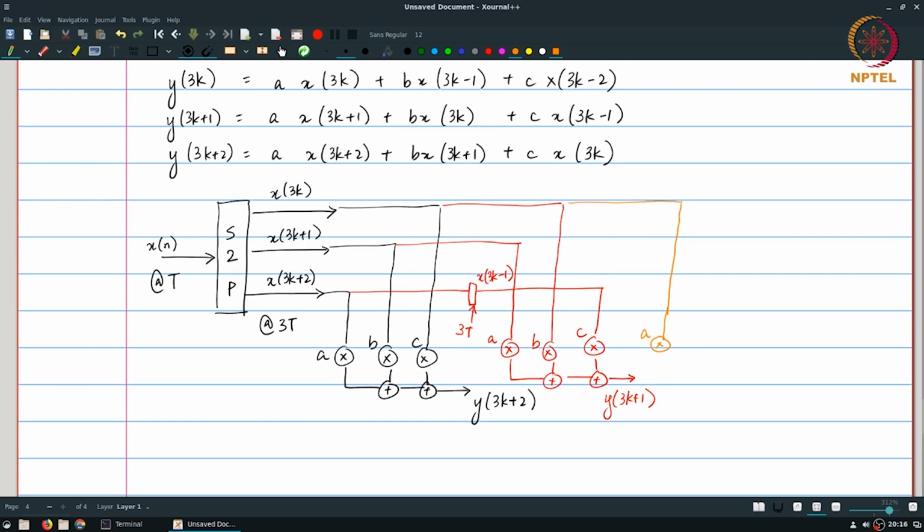So coming back to this, what I have is the 3k minus 1 gets multiplied by B, and in order to get 3k minus 2, I need to take my input x of 3k plus 1 minus 3, which basically is x of 3k minus 2. Add these together and what we end up with is y of 3k.